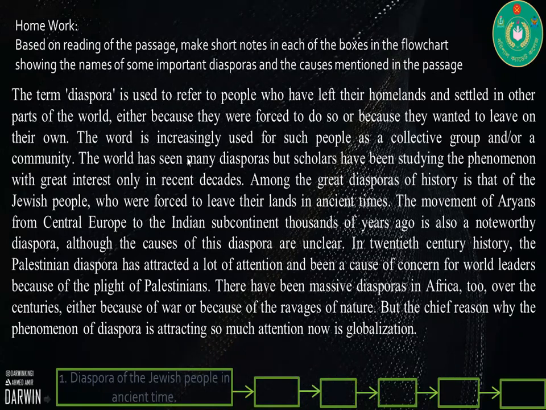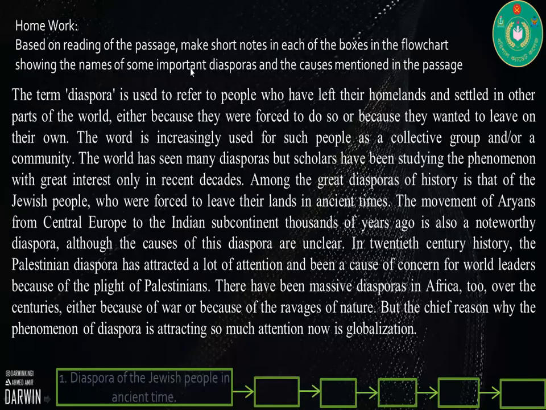You read the passage, you get this information. Here, you have the freedom of writing 2 different things: the names of some important diasporas and their causes. The structure is diasporas of the Jewish people in ancient time. So we have to follow this structure and fill in the boxes.